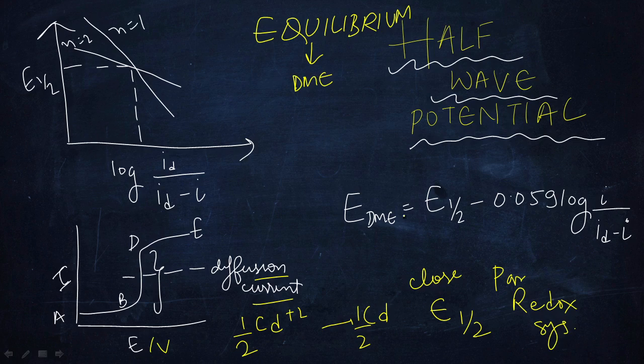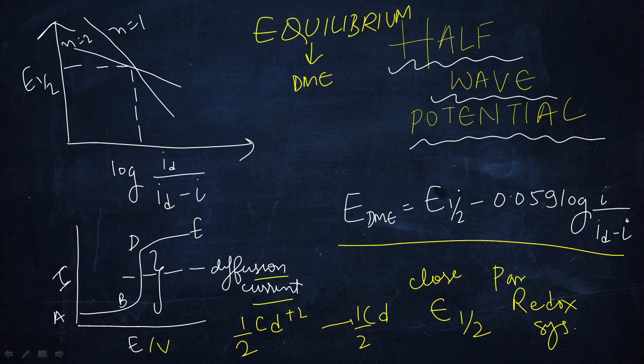So EDME is given by this equation: EDME is equal to E1/2 minus 0.059 log I upon ID minus I. So when we plot a graph between EDME versus log I divided by ID minus I, we get a straight line.